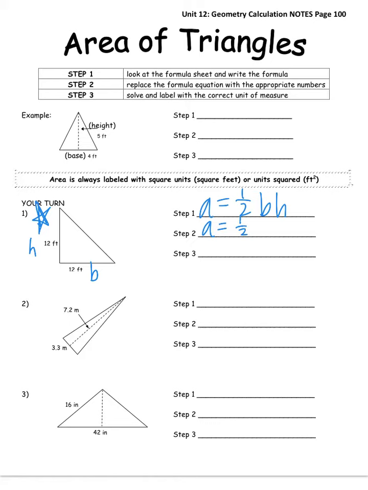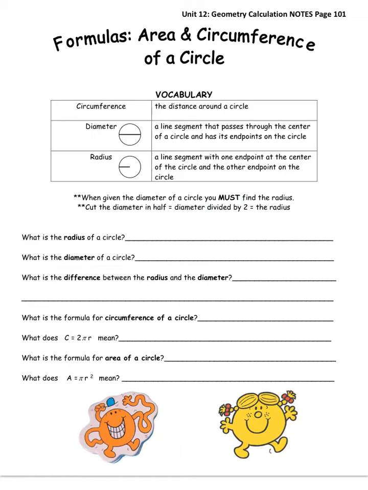So we have 1/2 of 12 times 12. 0.5 times 12 is 6. Then we would do 6 times 12, and that gives us 72. So 72 feet squared.